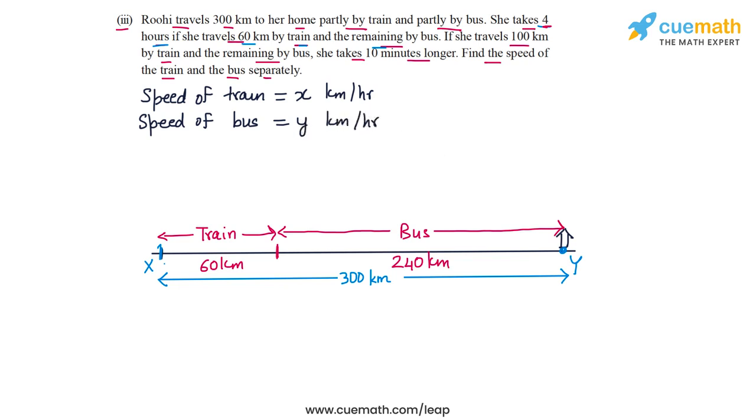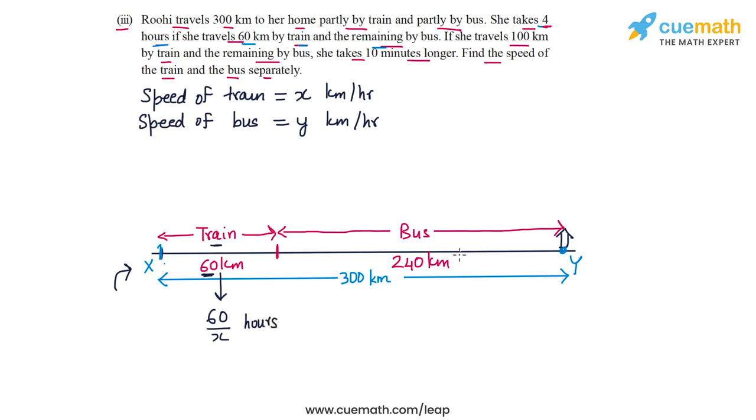So coming back to this situation that we have, how do we model it in terms of x and y? Well, the first 60 kilometers Ruhi covers by train, and she covers it at a speed of x kilometers per hour. So this leg of the journey she will take how much time to complete? The distance is 60 kilometers and the speed is x kilometers per hour, so she will take 60 by x hours to complete this leg of the journey.